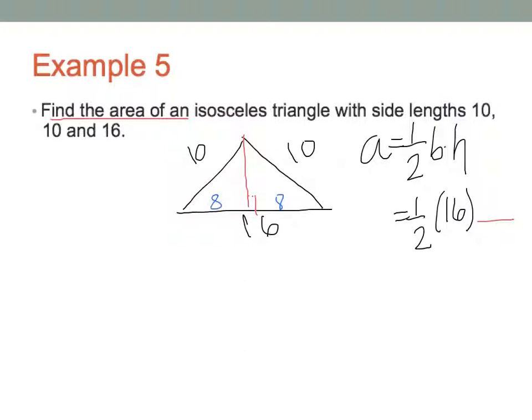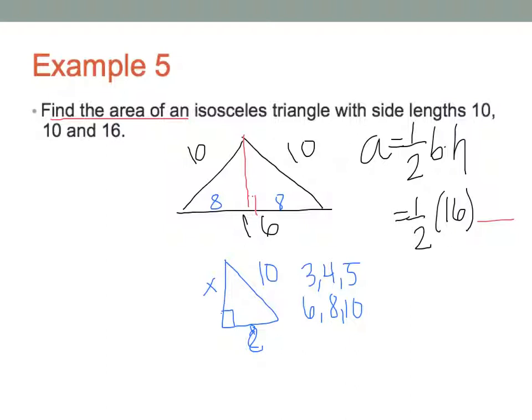So what does that leave me with? I have a triangle, 8 and 10. How am I going to find this side? Well, you see that it's one of our special triangles. It's a 3, 4, 5, and in this case it's a 6, 8, 10. If you don't recognize that, you're more than welcome to do the Pythagorean theorem, x squared plus 8 squared equals 10 squared.